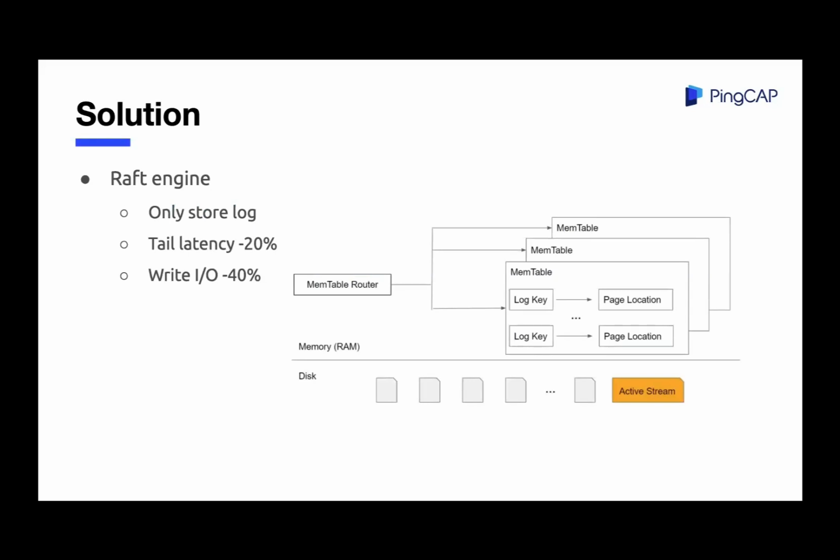So we write all the logs into a series of files, and when all the logs within a file are truncated, the file will just be deleted. So there is less compaction compared to RocksDB. Our tests also show effective results. We reduce the tail latency by 20%, and the bytes written to disk are reduced by 40%.